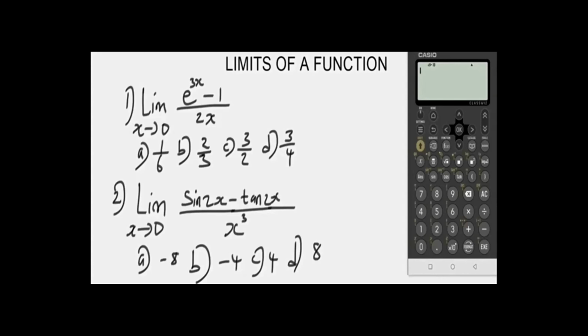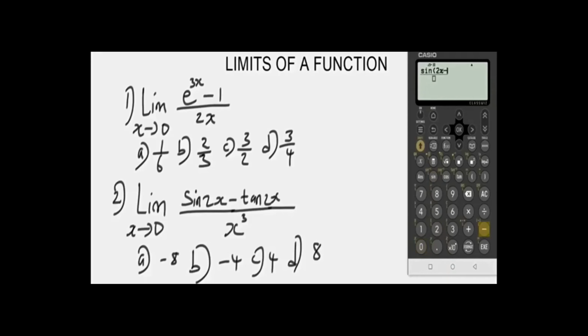Let's go ahead and input the value. So it's in fraction. Make use of this fraction button. We have sine 2x. So sine 2x, to bring out x, shift and this x button, close the brackets.